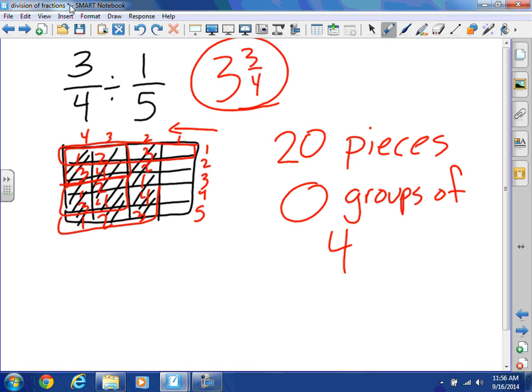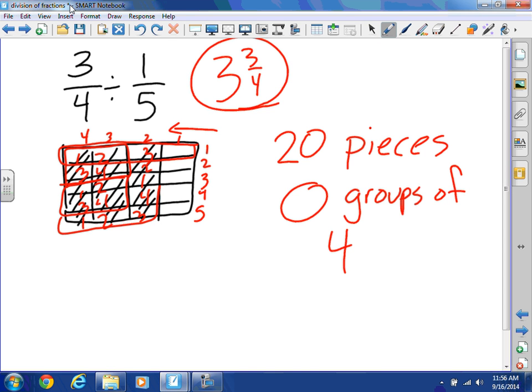Okay, you guys. Here, after we split up our 1, we had 20 pieces, correct? 4 and 5, which makes 20. If I look back at my original problem, for my 3/4, I had 3, 6, 9, 12, 15 pieces colored in, right? For my 1/5, I'm coloring in 1, 2, 3, 4 of the pieces.